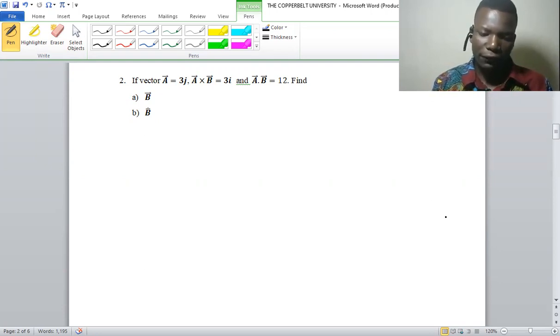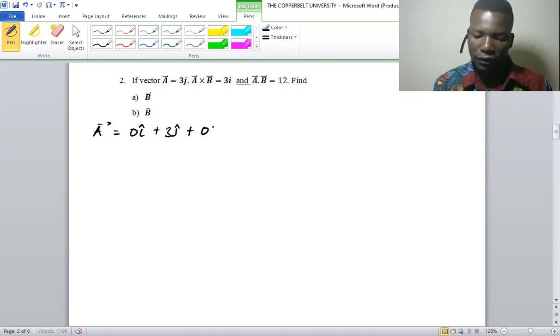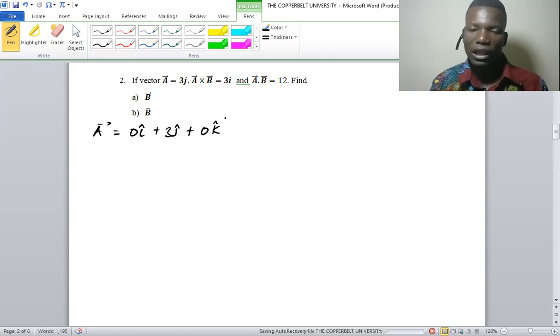How do we write vector A in 3 dimensions? Vector A in 3 dimensions is going to be, in the x direction it is 0, and we only have 3j in the y, and in the z we have 0. This is how vector A is going to look in 3 dimensions.